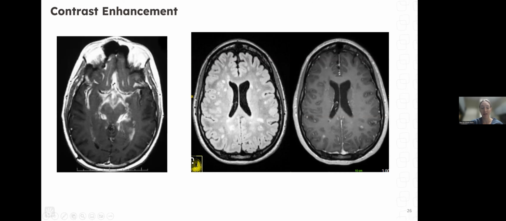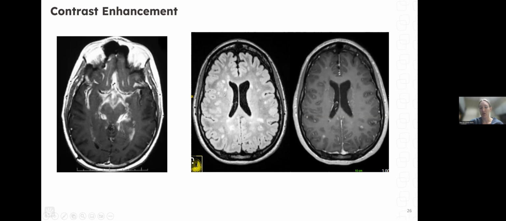That's you pointing out abnormalities or active abnormalities. On the right-hand side here, on the left, you have a FLAIR image, and again, you can tell because the white matter is a little darker than the gray matter, and the CSF is dark. So we know we're on a T2 FLAIR image. You see all these hyperintensities within the tissue itself, and you want to be able to know, is this person having an active process or is this chronic?